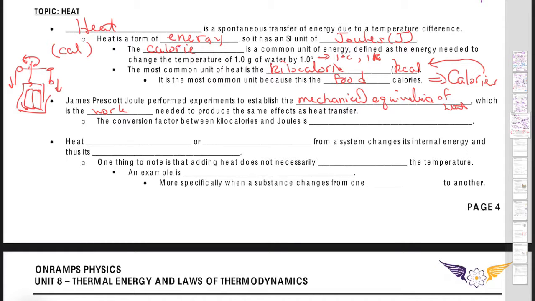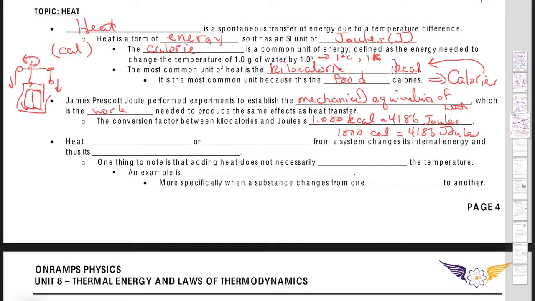He came up with the mechanical equivalent of heat and a conversion factor between kilocalories and joules. So 1 kcal is 4,186 joules. Or you can say 1,000 calories is 4,186 joules.